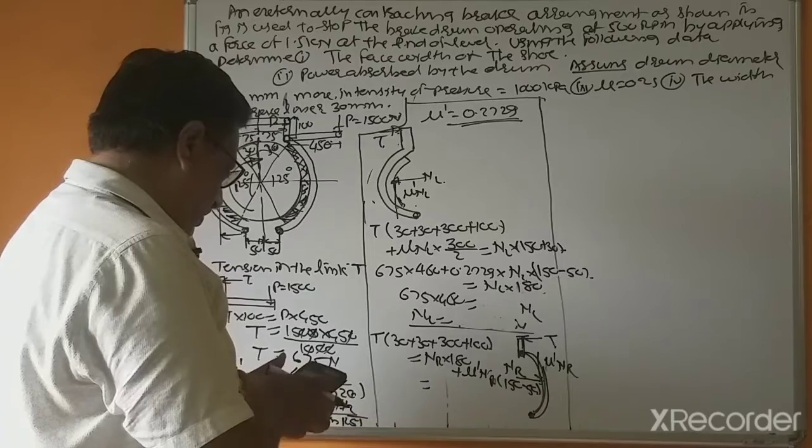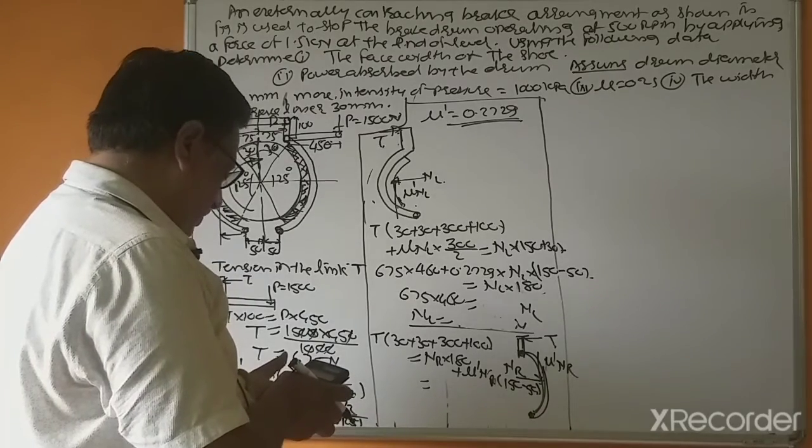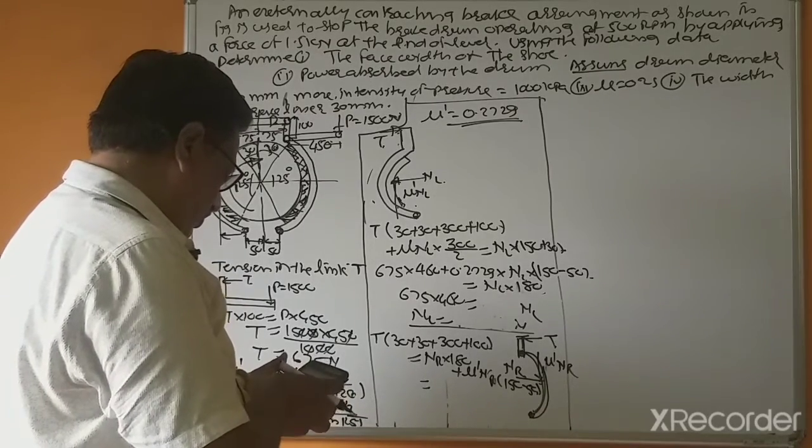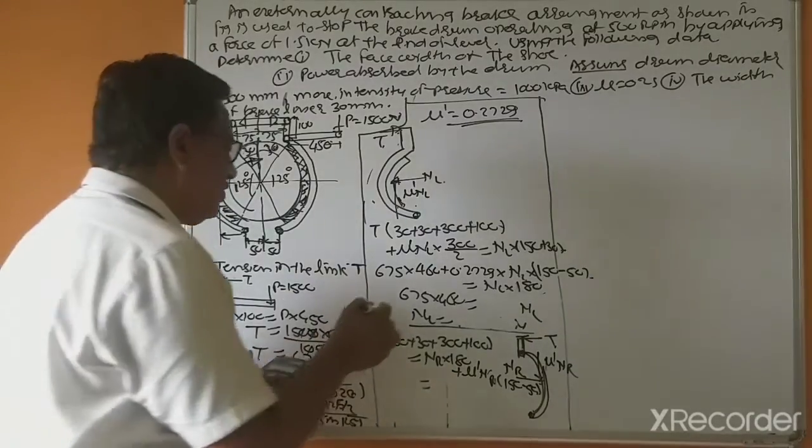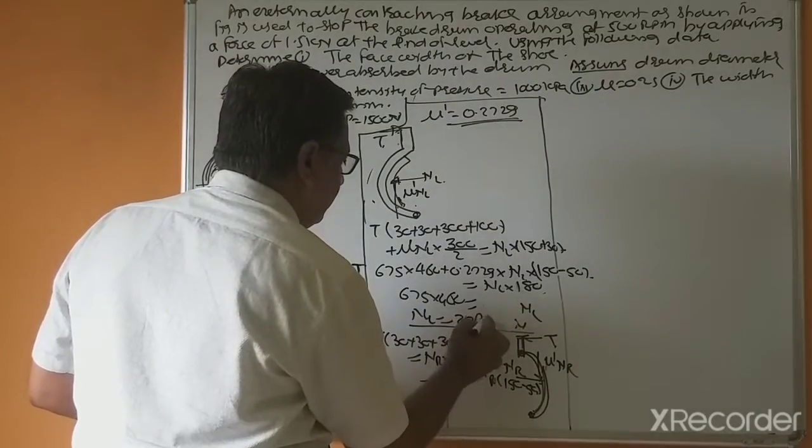So 1900 divided by 430 multiplied by 460. This is equal to 2032. So this is correct.